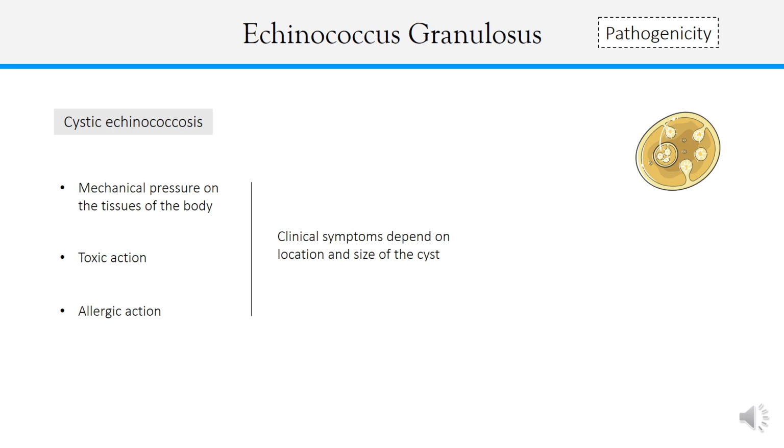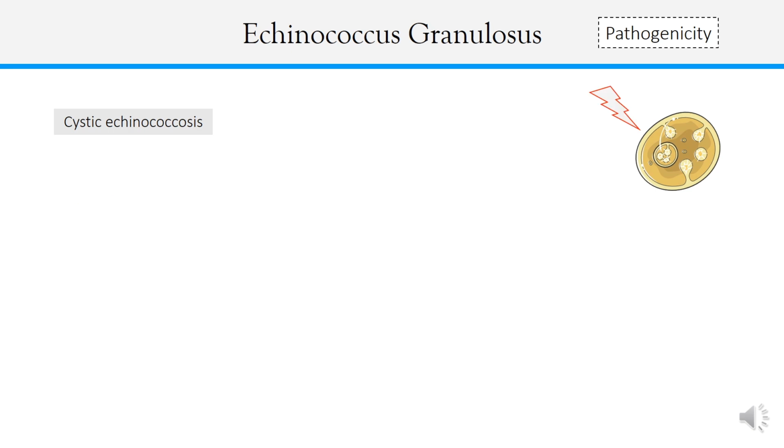Clinical symptoms, of course, depend on the location and size of the cyst. A very dramatic situation may happen if this cyst ruptures due to, for example, mechanical stress. In this situation anaphylactic shock and spreading of infection may happen.